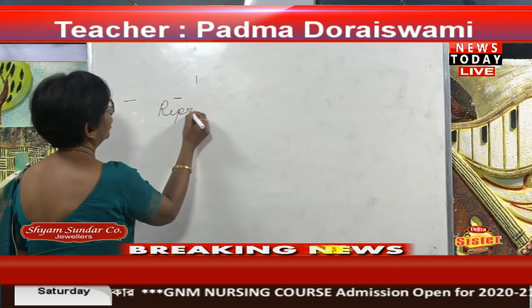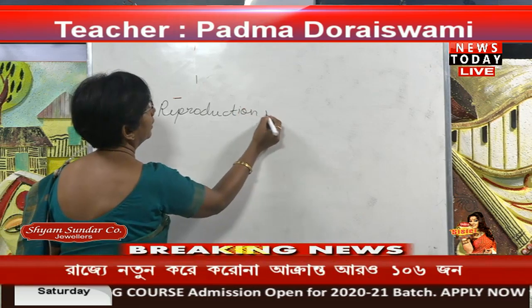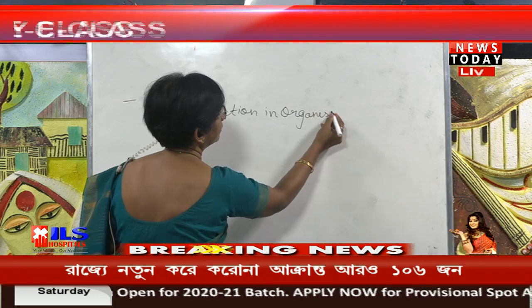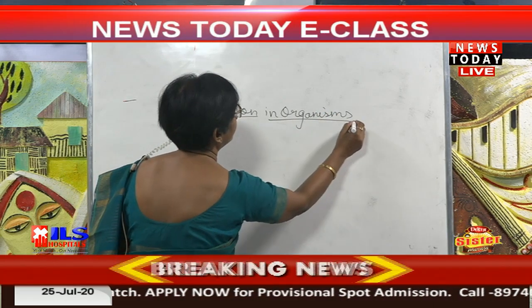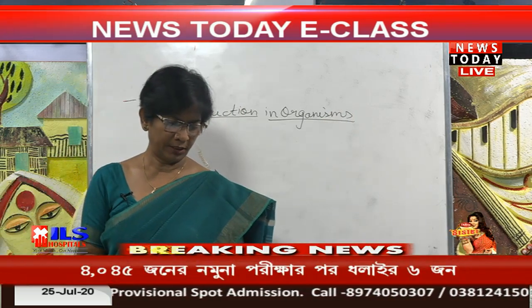So this is the first chapter of the 6th unit, reproduction in organisms.